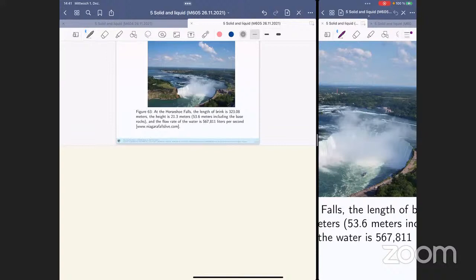The water flow rate is 5,525 cubic meters per second, and we know the cross-sectional area.